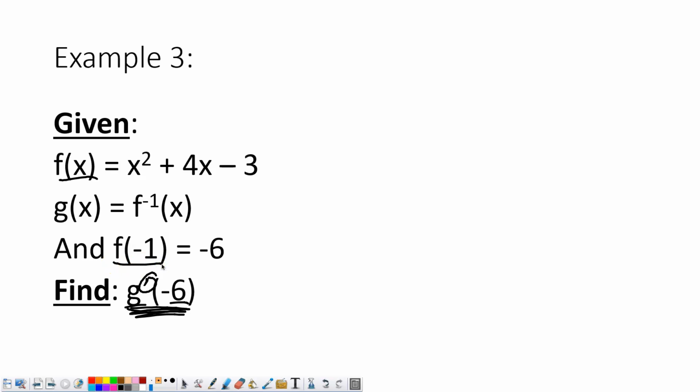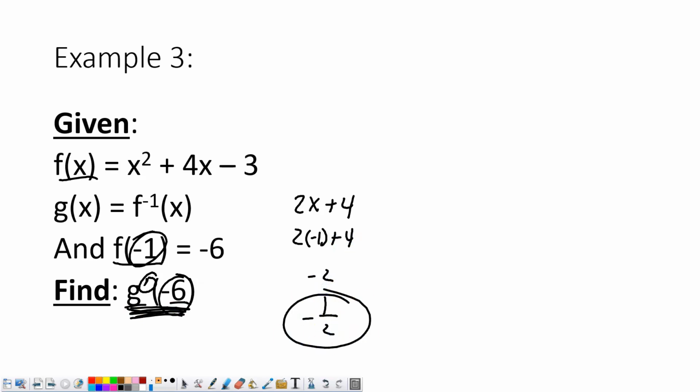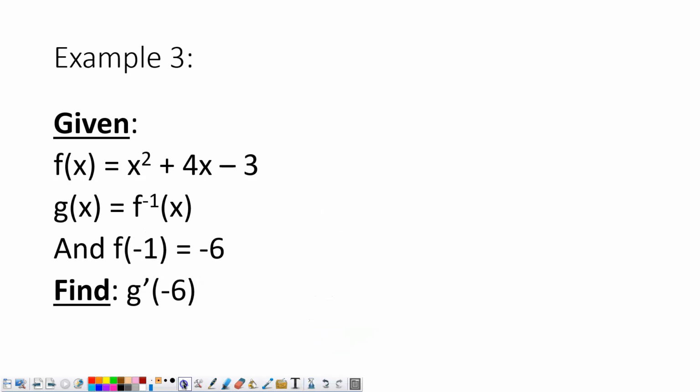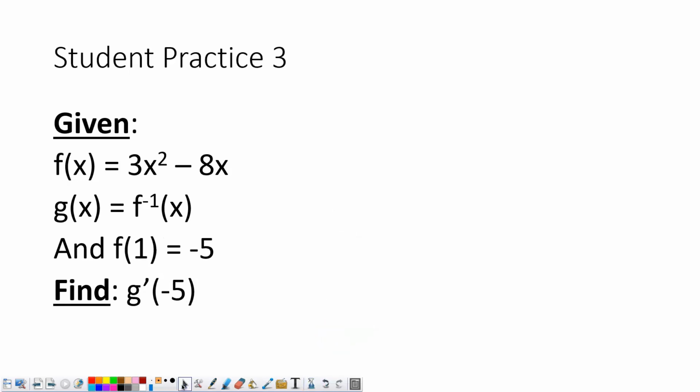So a faster way to do this is to find the derivative, and instead of plugging in negative 6, just plug in negative 1. And just remember, since it's the inverse, we're flipping it over. Okay? It's a little bit more difficult to understand and follow, but there it is. So that's a faster way to do it, but do it however you please.